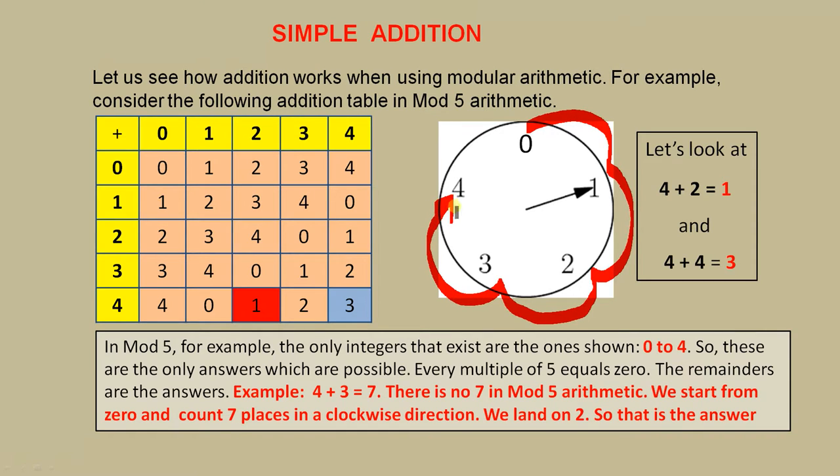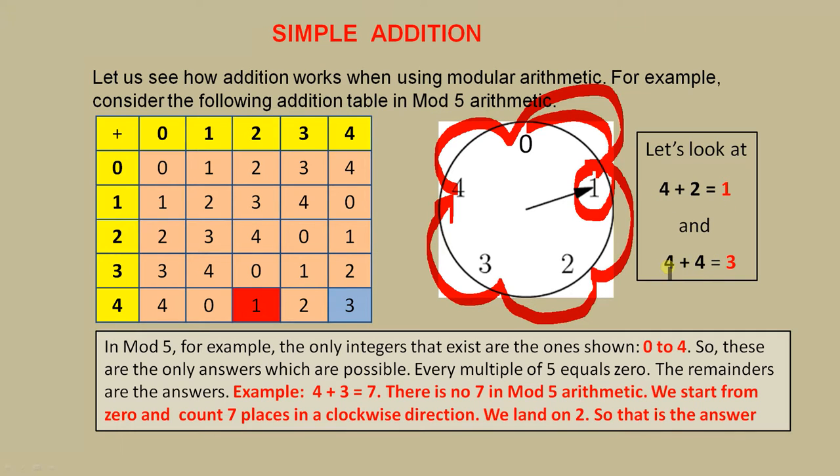We've landed on 4, so we're here so far. Now we have to add another 2. 1, 2. And that's why 4 plus 2 equals 1. Because remember, when it goes past 0, they're the only answers you can have, 1, 2, 3 or 4. So it keeps wrapping around because there are no other numbers. And that's why 4 plus 2 equals 1.